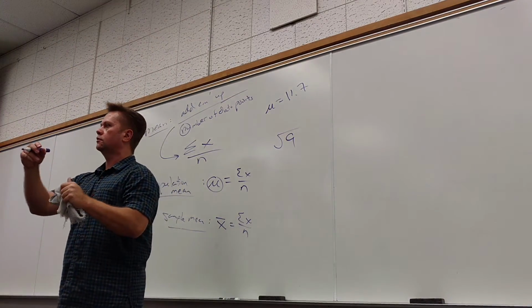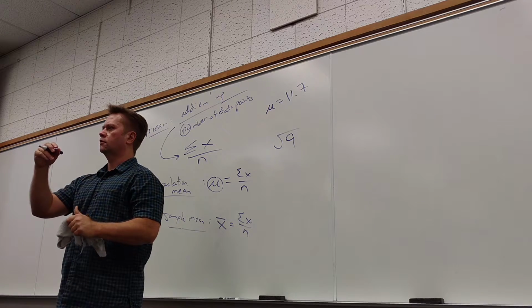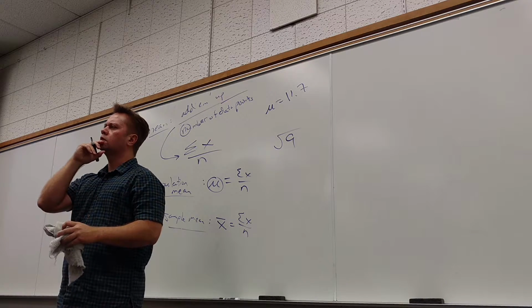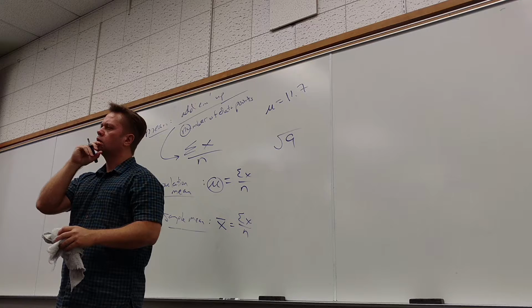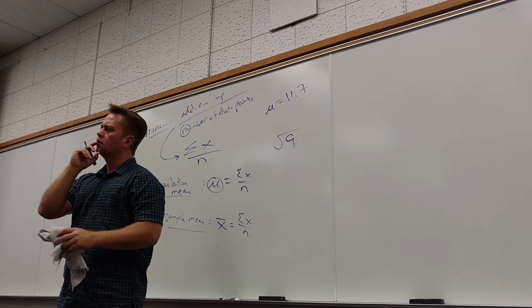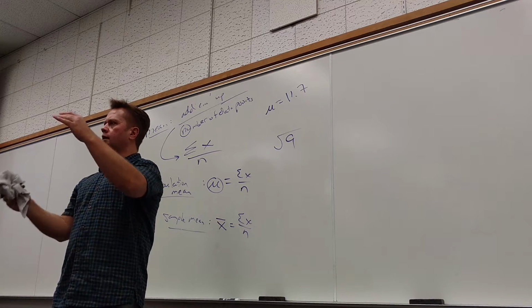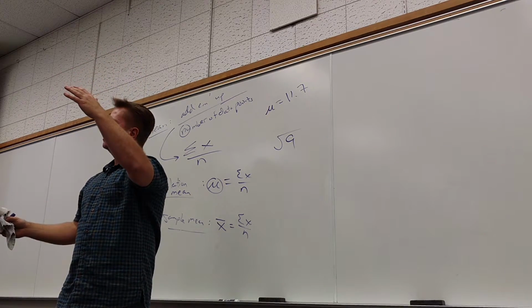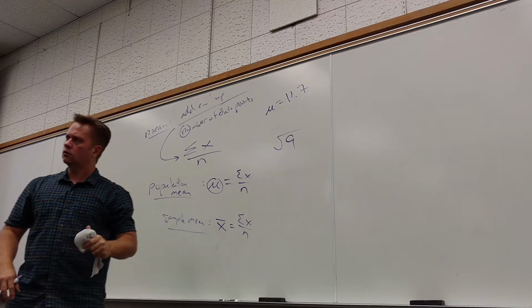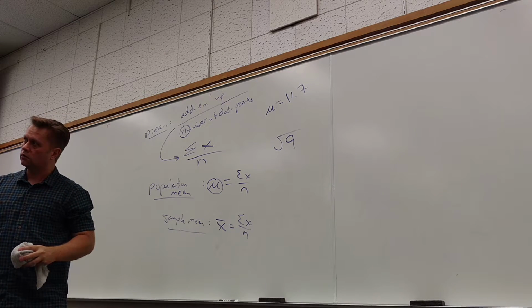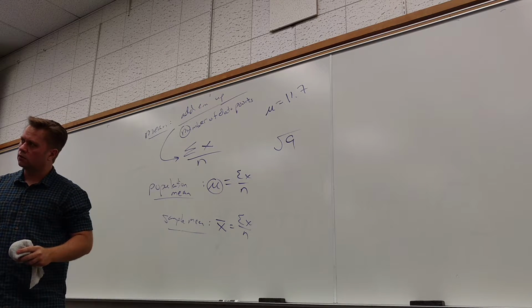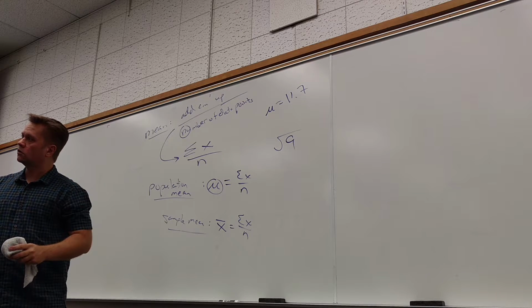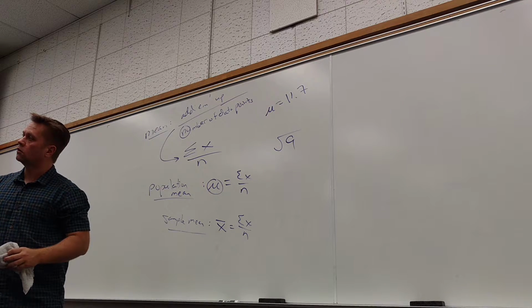Yes, sir. How would you figure it out if they don't have a certain population number? Well, if you have the data to work with, you have to know how many data points there are. But in some problems it just says all of the patients in the hospitals, and you don't know the exact number of the population.